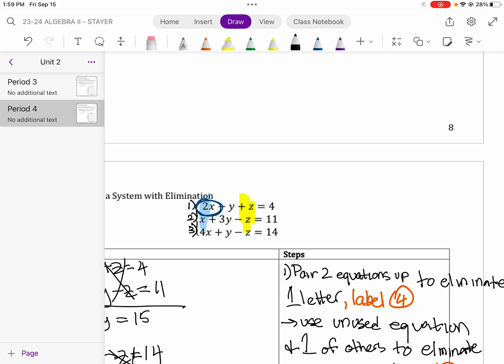So here we go. Remember, it said X is 3 and Y was 3. I'm going to use the third one. So 4X plus Y minus Z equals 14.